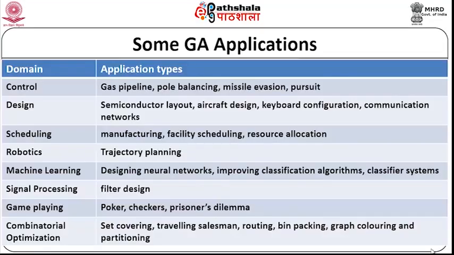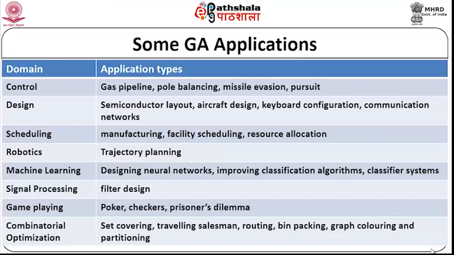So, some typical genetic algorithm applications. We look at the domain. The first one is control, where we have control applications given here. Then we have design, like semiconductor layout, aircraft design, keyboard configuration and so on, which are typical design problems that are solved.